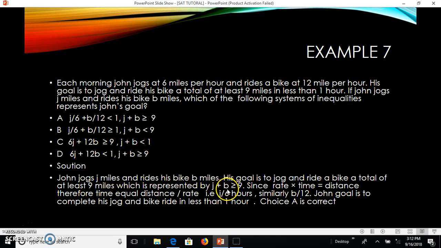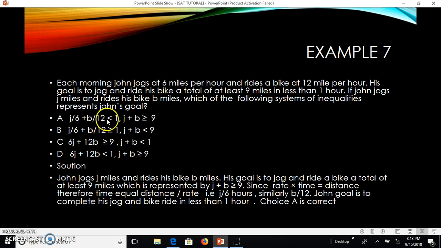This is distance, so miles. So J plus B is equal to or greater than 9. Can you see that? That's the correct inequality. Do you have any equation like that? Yes, here. In fact, I'm sure option A is the potential answer, and option D.